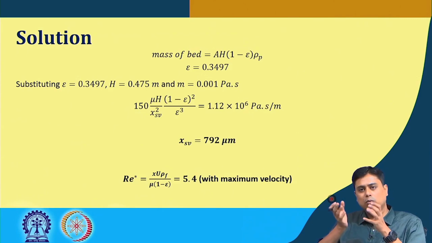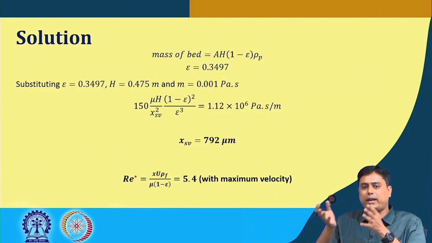The volume is the cross sectional area multiplied by the height. Now, the cross sectional area for the solid particles is A multiplied by 1 minus epsilon, isn't it? Because epsilon is the voidage, 1 minus epsilon is the solid fraction.